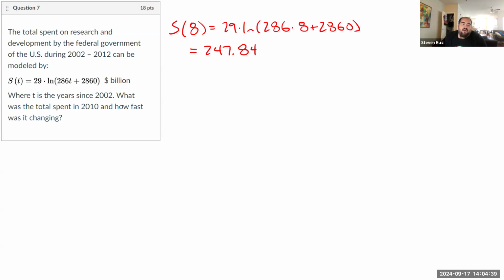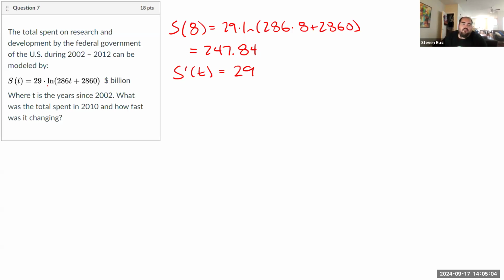Okay. The other part of the question is how fast is it changing? So in order to figure that out, I have to take a derivative of this function. So S prime of T equals what? 29 is a constant multiple. So basically, I'm just going to carry it with me. How do I find the derivative of a natural log? So we're going to have to use the natural log rule and the chain rule here.